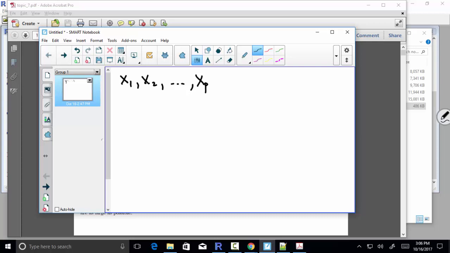So my data set would be n by p. Each column is a numeric variable. And our goal is to kind of visualize these variables in as simple a form as possible.